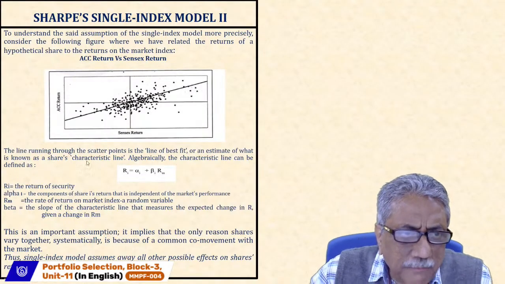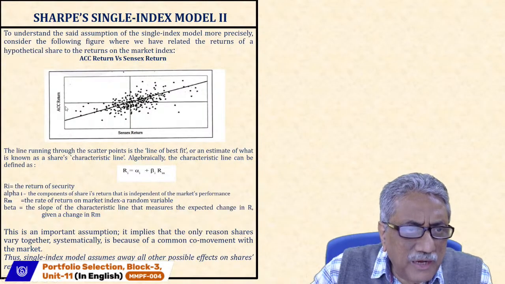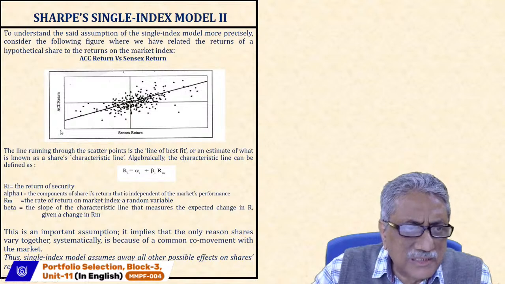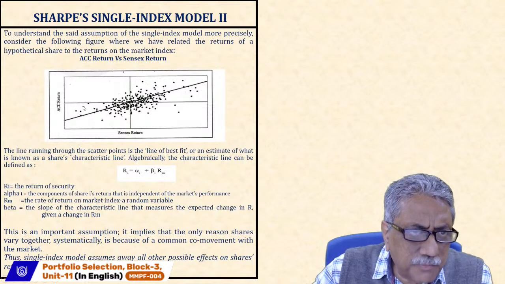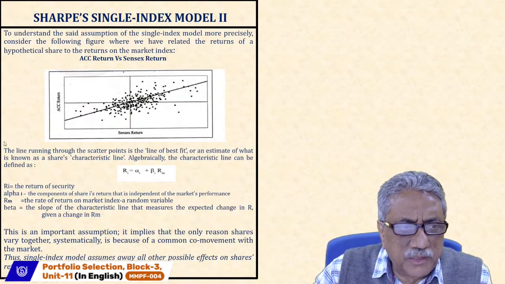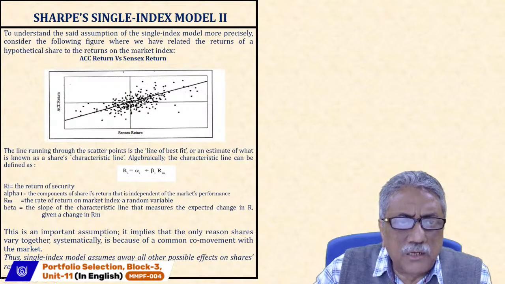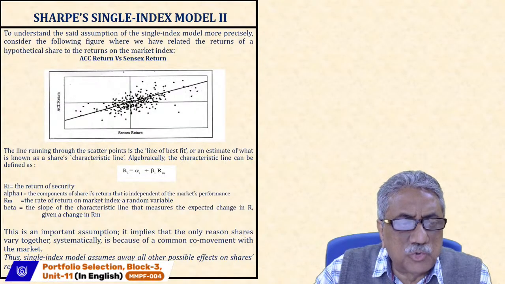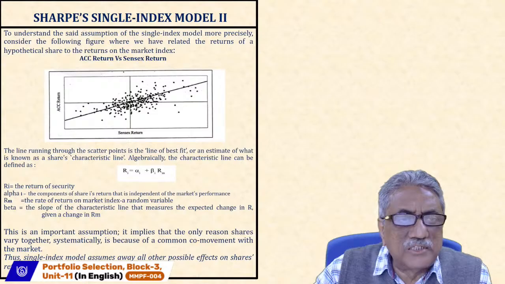And over a period of time, that is why there are different points. This is the Sensex return and this is the ACC return. So Sensex and how these dots are the line. So this is your hypothetical share's return. The line running through the scattered points is the line of best fit. This is the line running through the scatter points. Okay, this is the best fit, or an estimate of what is known as the share's characteristic line.